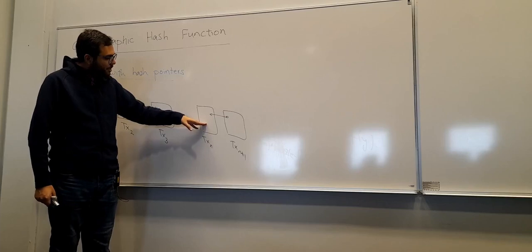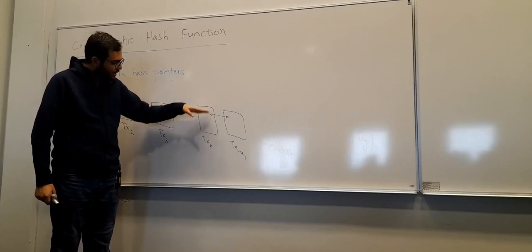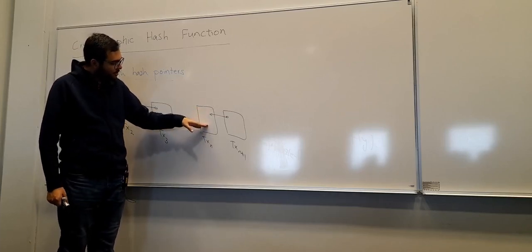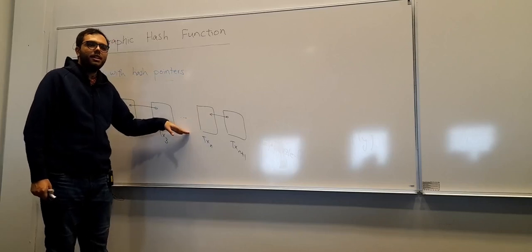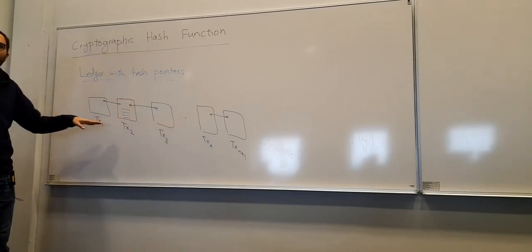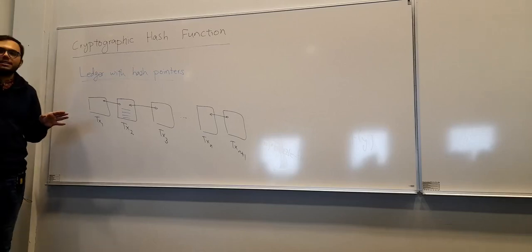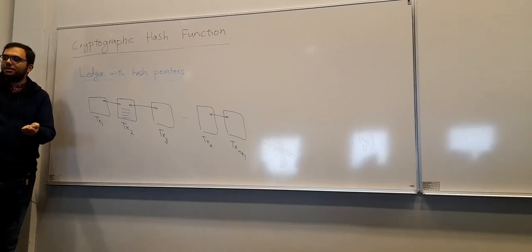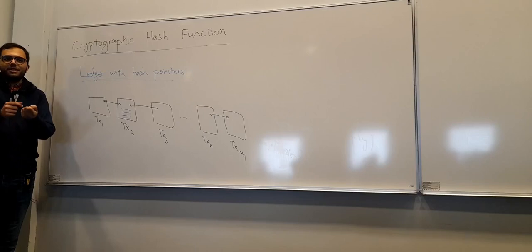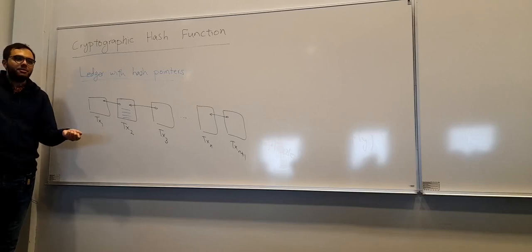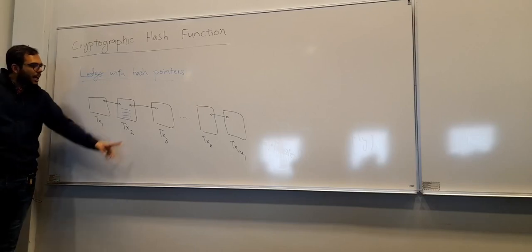And then you take the previous one, again, you can prove the chain. You can prove what was the transaction before this one, and so on. So you can go all the way back. So if there is ever a dispute, you can say, this is the last transaction you sent me. And based on this, here's the list of all the transactions before, and there is no way to add something in between.